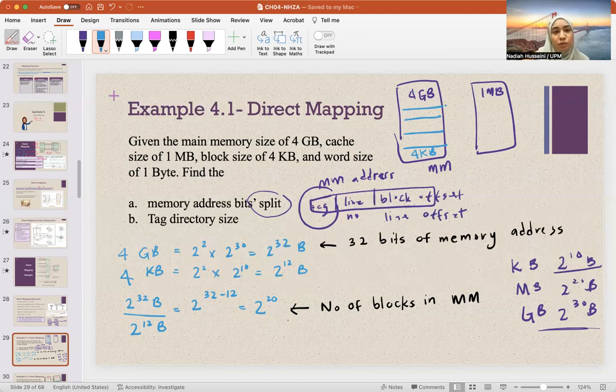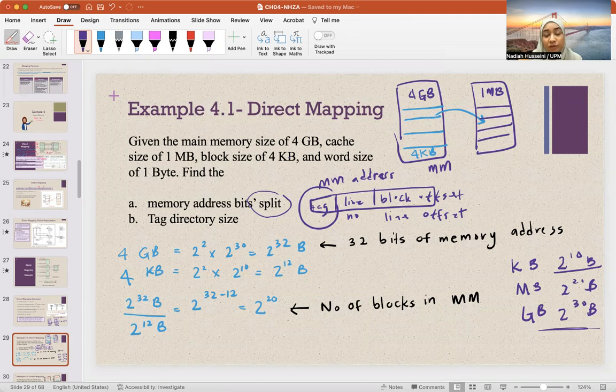Now, these 2 to the 20 blocks will be mapped onto the cache. One block will be mapped onto one cache line. The cache is divided into lines called the cache lines. So here we are not informed of the size of one cache line.